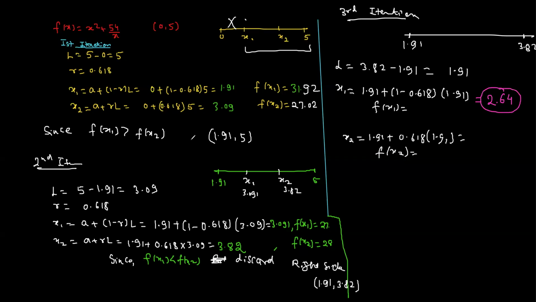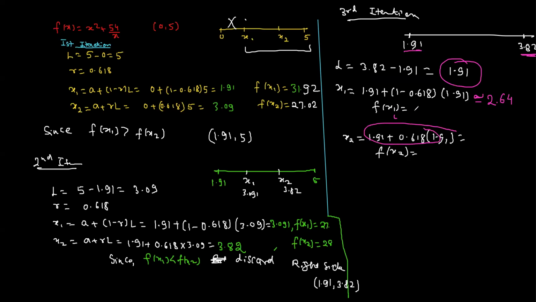This 3.82 you are getting. No, 3.82 is the extreme value. Check again. 1.91, yes, because L is also changed. 0.639, you can write approximately 0.64. Okay.